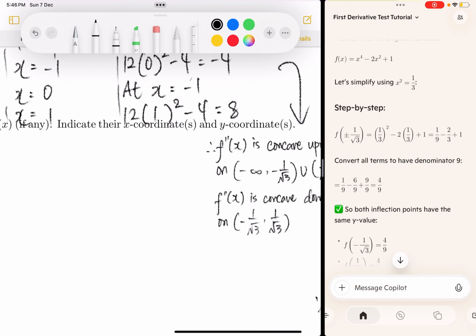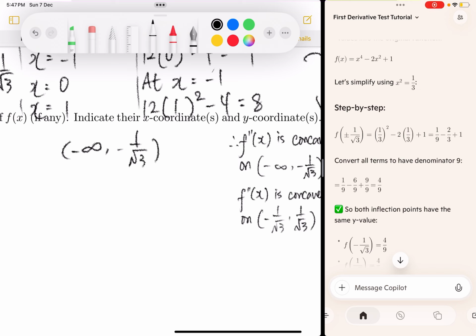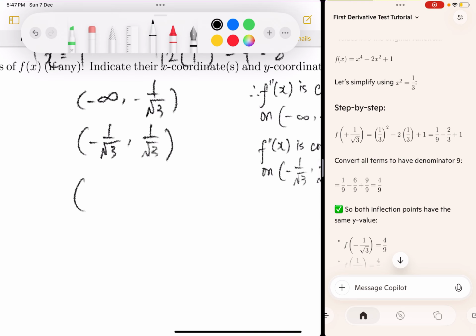And if we put them side by side, here, this is negative infinity, negative 1 over square root of 3. Then we have negative 1 over square root of 3, 1 over square root of 3, and then I believe 1 over square root of 3, comma infinity here. So that's what we have.